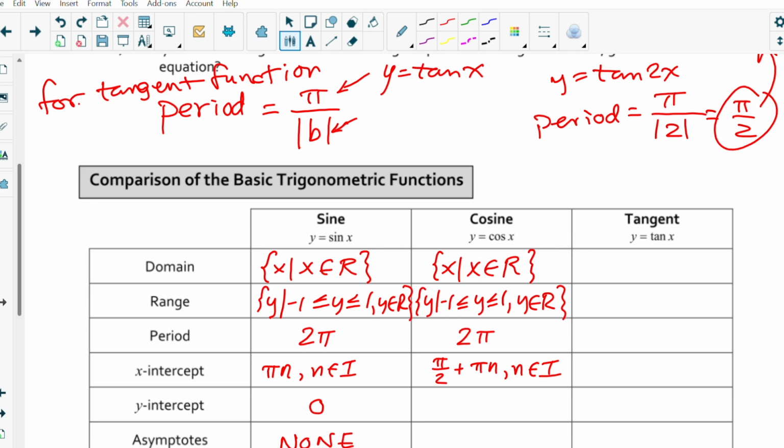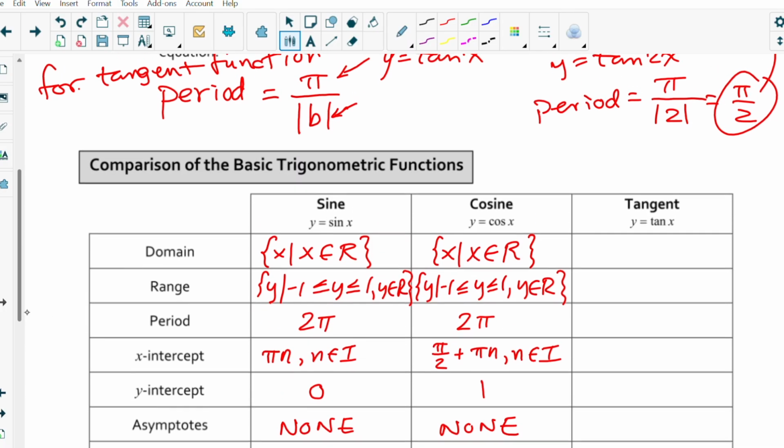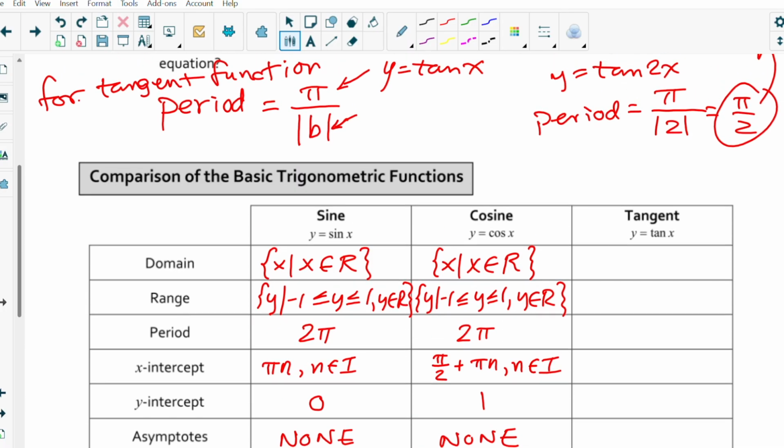The y-intercept: it starts at a maximum on the y-axis of 1, so the y-intercept is 1. Asymptotes, none. Amplitude, 1. Max value, 1. Min value, -1.